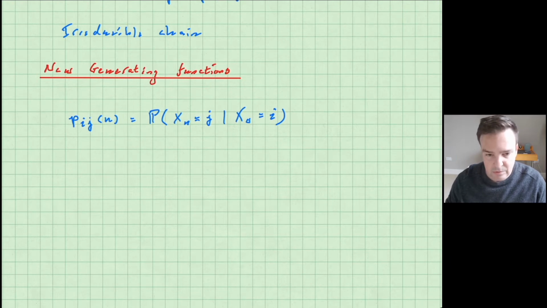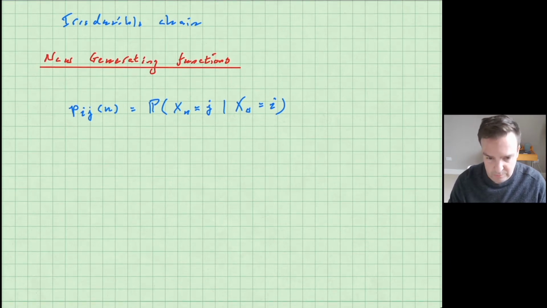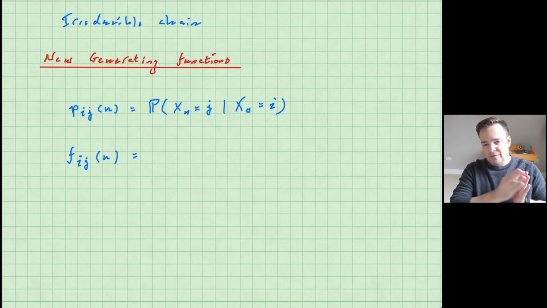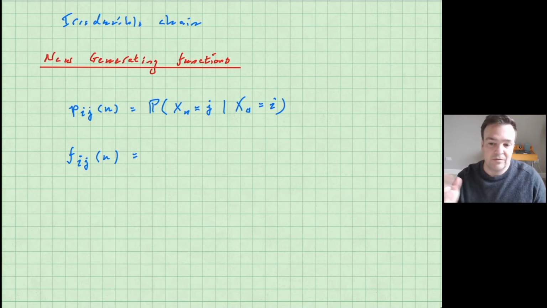And we're also going to be using the first passage probability, which we've seen before. This is Fij, and it's a function of n as well. This is the probability of going from state i to state j in exactly n steps without ever meeting state j along the way. In other words, it looks like this.